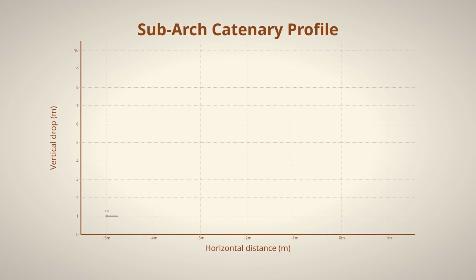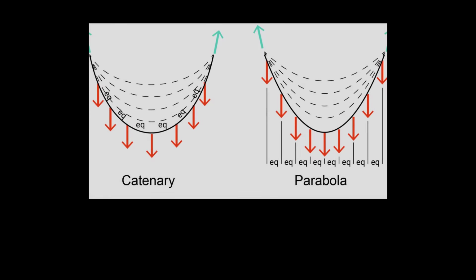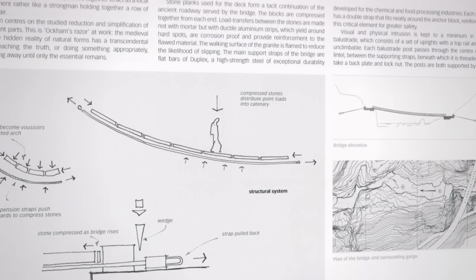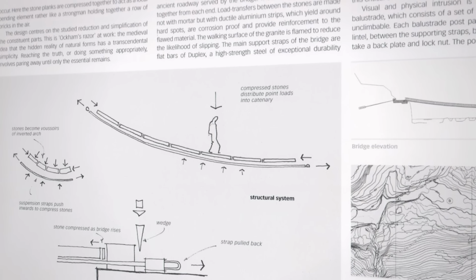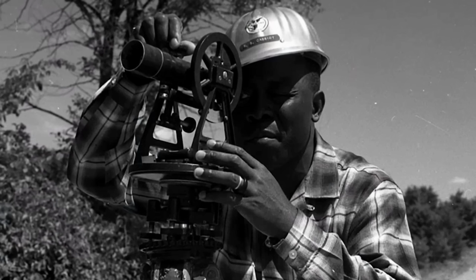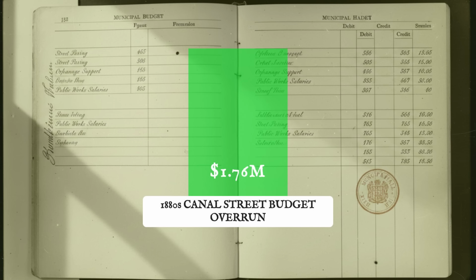The arch followed a catenary curve with a parameter of 2.1 meters, the optimal shape for distributing compressive loads. Victorian architects knew catenary principles, but implementing them with such precision in underground construction would have required surveying equipment and mathematical tables beyond what the 1880s project budgets documented.